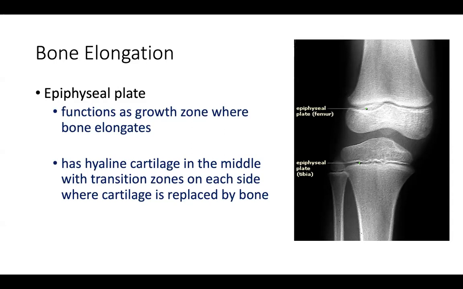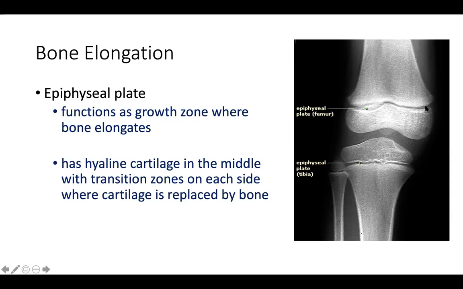If we look at this x-ray here, these are the lower leg bones, this is the femur, the upper leg. And you can see the epiphyseal plate at the ends of all of these bones. That is a layer of cartilage, and bone is being added on the inside of that plate. Slowly, over time, there'll be more and more bone tissue added, which is going to lengthen that bone.